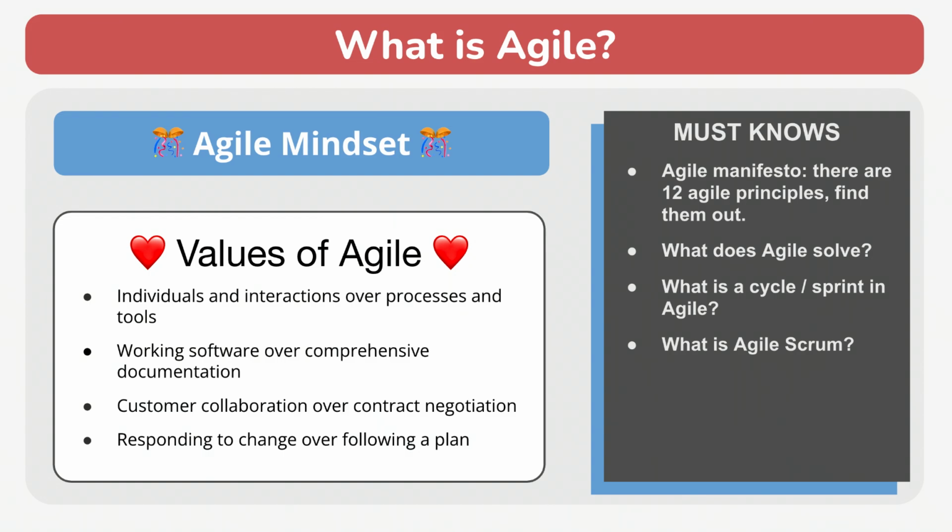Number 4, responding to change over following a plan. Yes, we do have to follow the plan, but it's not like we're going to plan out 5 to 6 years of work, then implement it. Instead, while we are collaborating with the customer and taking all this feedback, we need to respond to change.